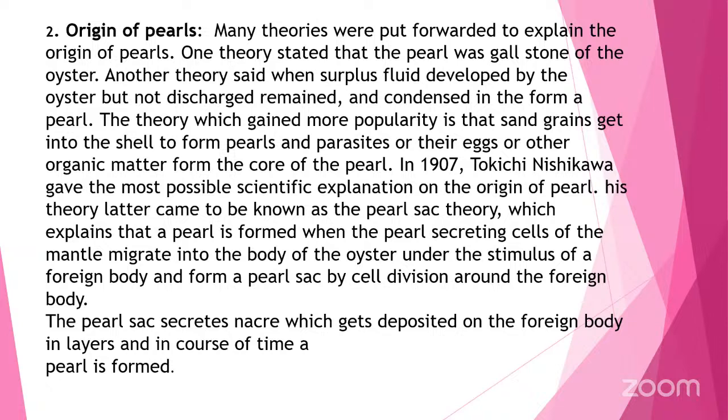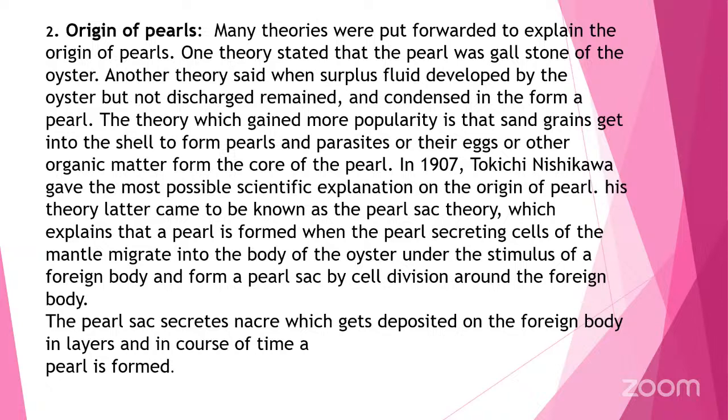The theory which gained more popularity is that sand grains get into the shell to form pearls, and parasites or their eggs or other organic matter form the core of the pearl. In 1907, Tokichi Nishikawa gave the most plausible scientific explanation on the origin of pearl.